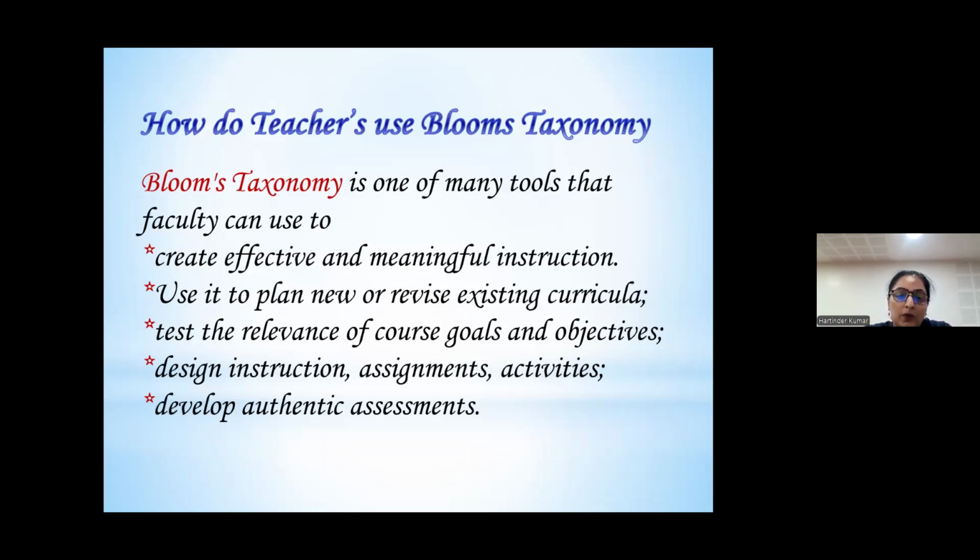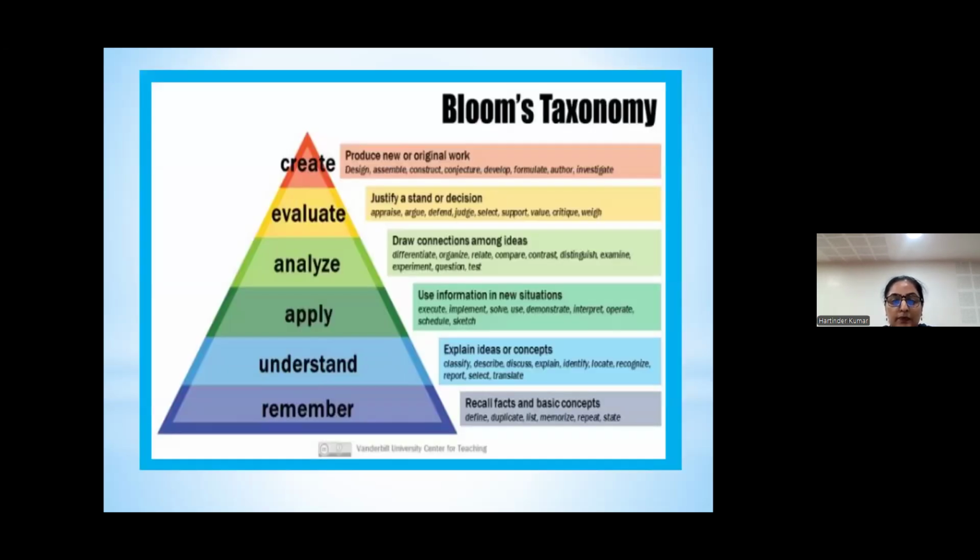To talk about how teachers can use Bloom's taxonomy, it is one of many tools that faculty can use to create effective and meaningful instructions. They can use it to plan new or revise existing curriculum, to test the relevance of course goals and objectives, to design instructions, assignments, activities, and to develop authentic assessments.